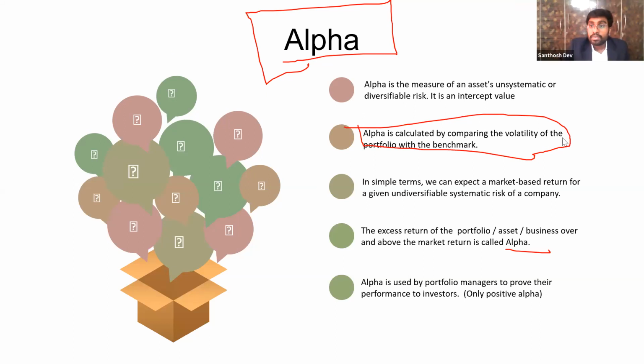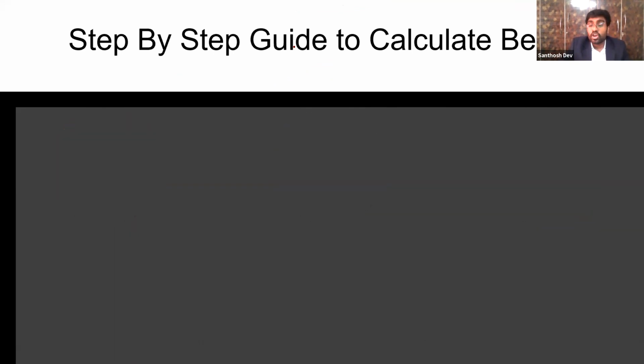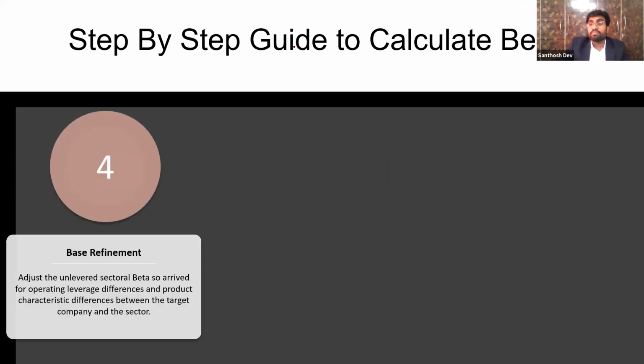I agree, sir. But one thing is, this can be adjusted inside the beta itself. As I told you, if your stock is fundamentally different from the comparatives that you're taking, the refinement that you're doing in the calculation of beta, you can factor that inside the beta itself and close it there. So alpha is over and above that, even over and above the fundamental differences between your product and the products that are available in the market.